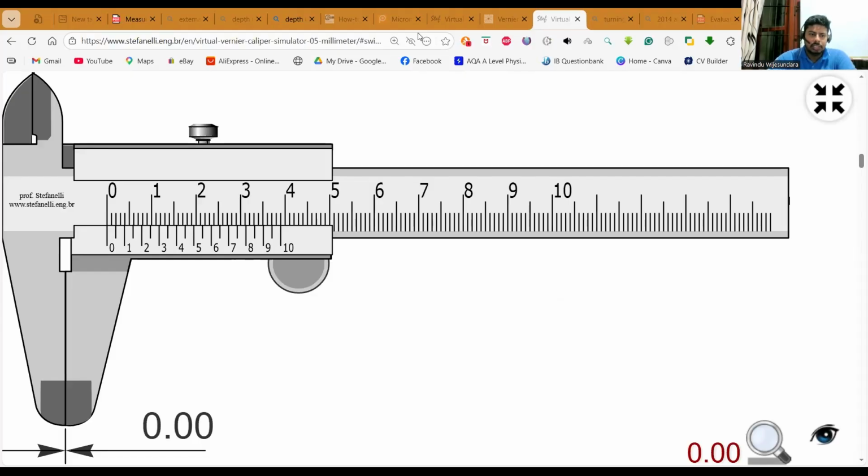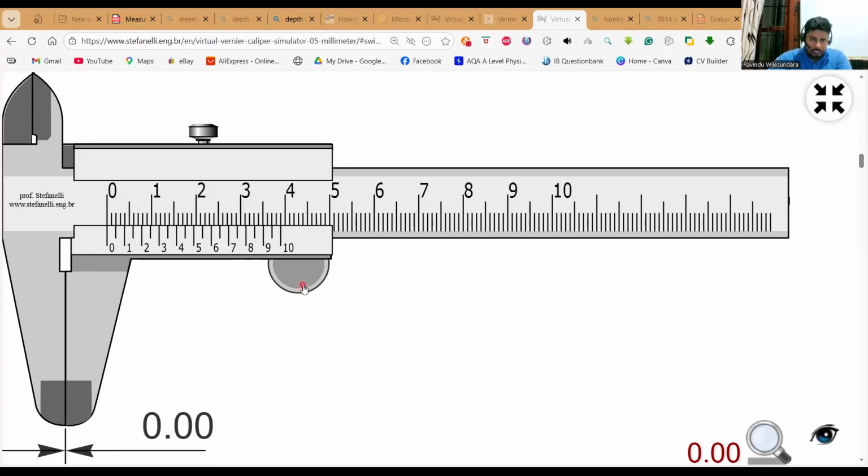What I mean by coinciding is that they are in the same line. That is what we know as coinciding. So if the vernier caliper is 100% correct, they should align.